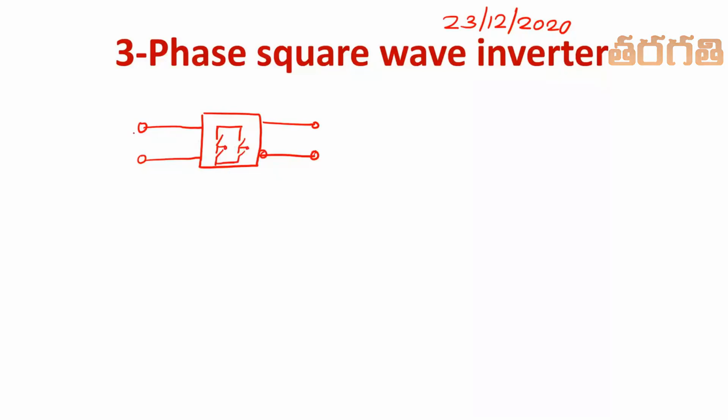Okay. So V in is the input voltage, V01 is the output voltage. Similarly, I took another single phase inverter, which is applied with the same input voltage.